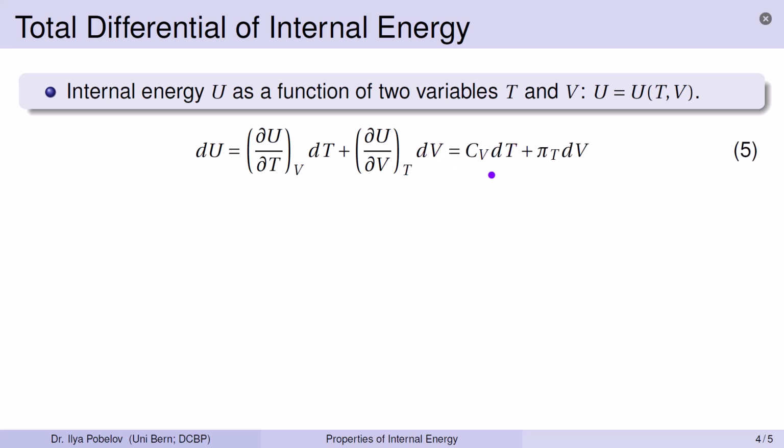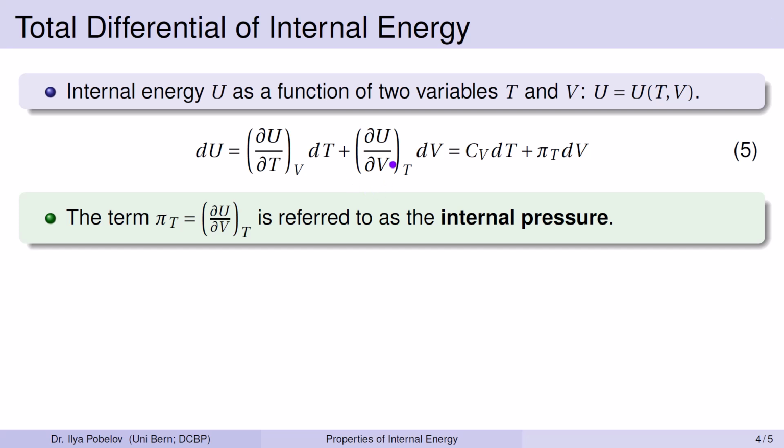We have just deduced the first derivative, which is represented by CV. The term representing the change in internal energy with respect to volume at constant temperature is referred to as the internal pressure, often symbolized with pi T. Hence, the total differential of internal energy is CV times dT plus internal pressure times dV.